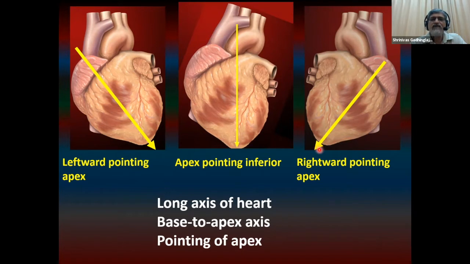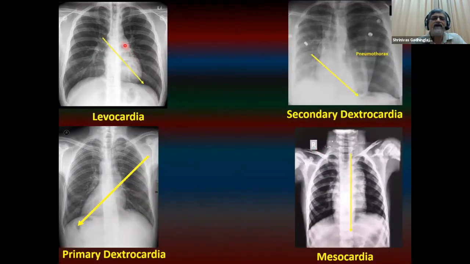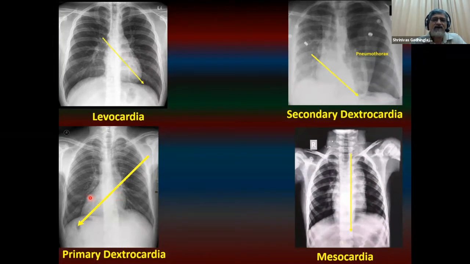Now with these two, we have different combinations. In a normal person, we get levocardia, that is, the mass is on the left side and the heart apex is pointing to the left. In primary dextrocardia, which is associated with situs inversus, the mass is on the right side and the apex points to the right.